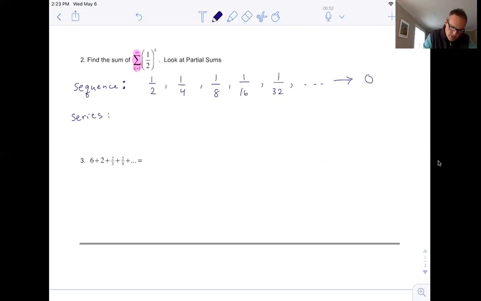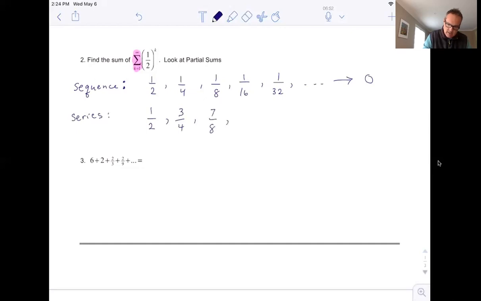The first term of the series is still a half, but for the second term, you're adding 1/2 and 1/4, which is 3/4. Then for the third term, you're taking 3/4 and tacking on 1/8. That gets you to 7/8.